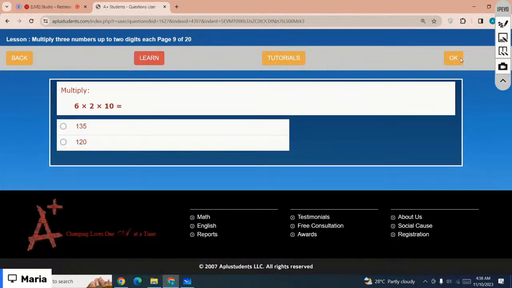So which is the correct option? Yes, 6 times 2 is 12 and 12 times 10 is 120. The correct option is 120. Very good.